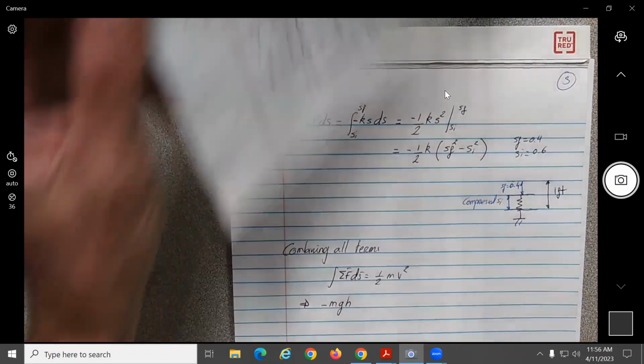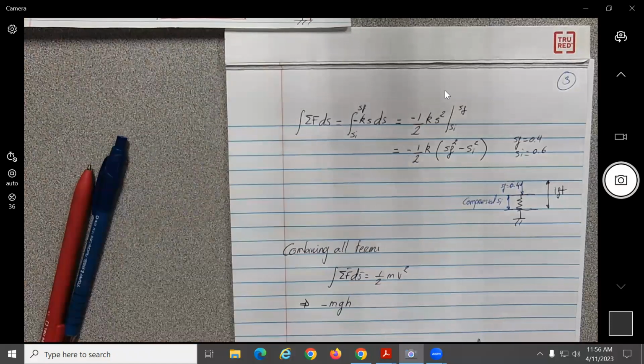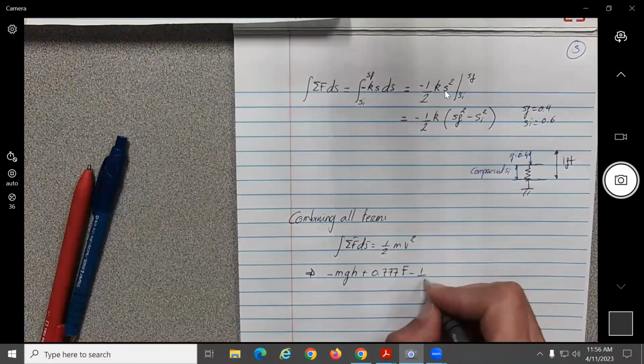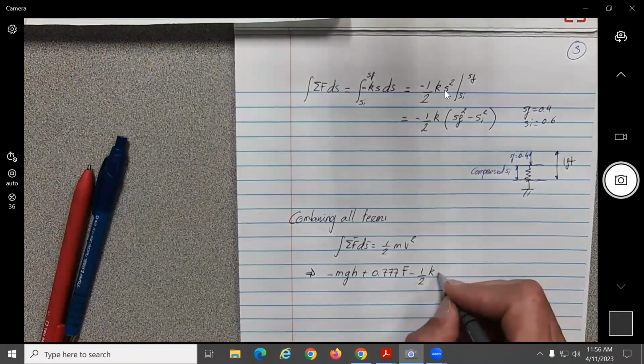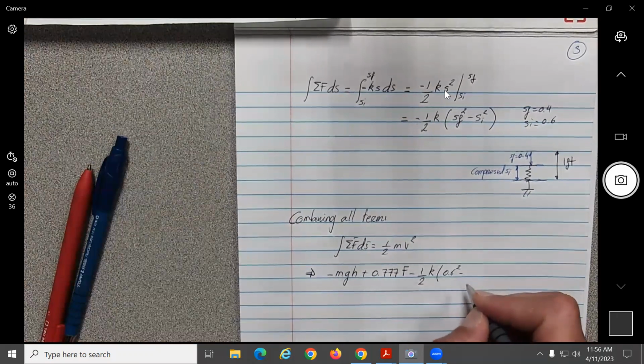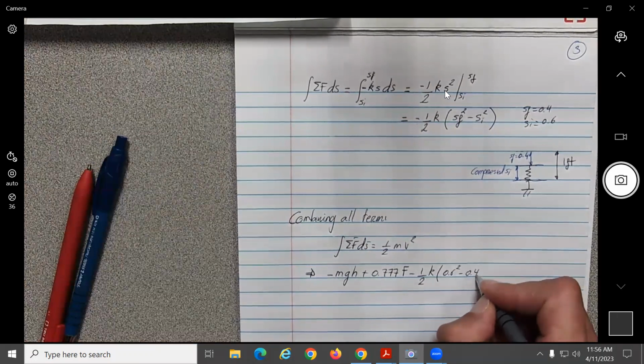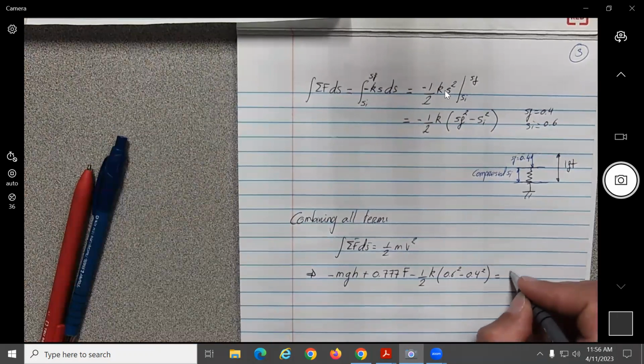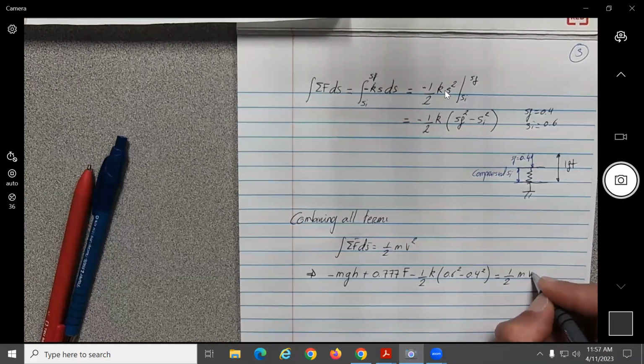Now the work done by force P, we had that to be plus 0.777 F. Now we're going to have minus one half K, and I'm going to put values over here so that we differentiate, of 0.6 squared minus 0.4 squared, will be equal to what? One half m v squared.